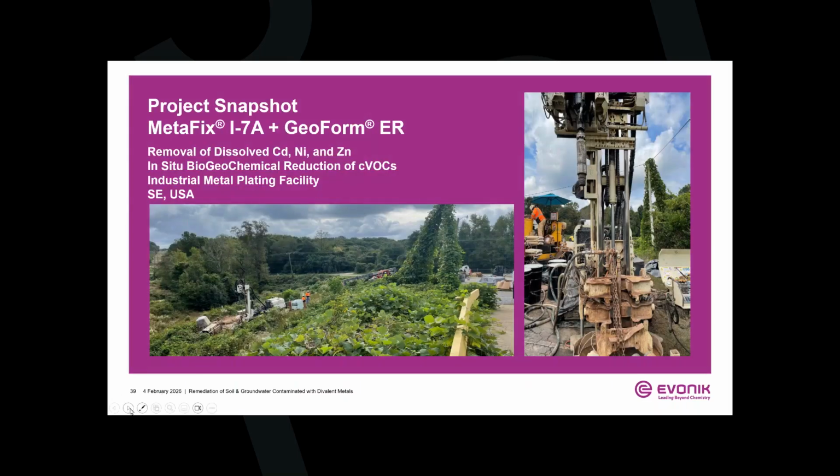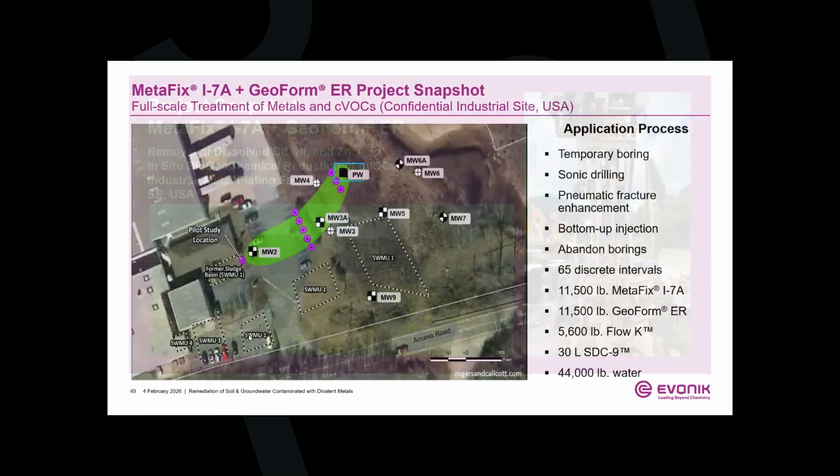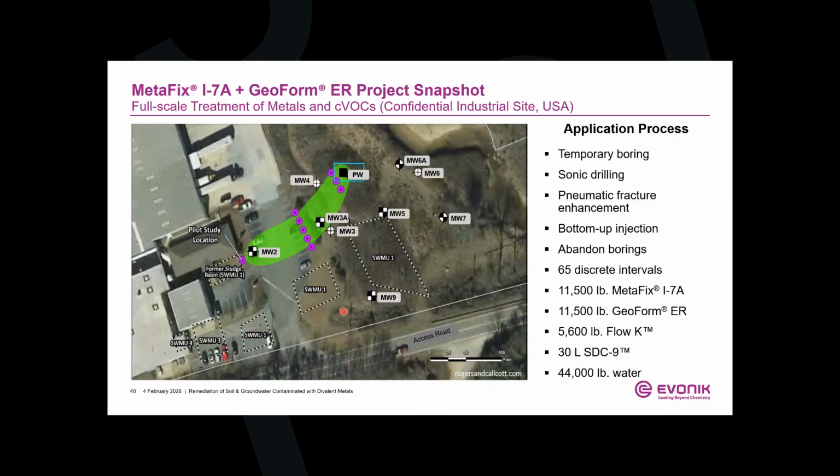Another quick project snapshot, this one all divalent metals at an industrial site in the eastern United States. This was an injected PRB using a combination of our Metafix I7A and Geoform ER reagents.